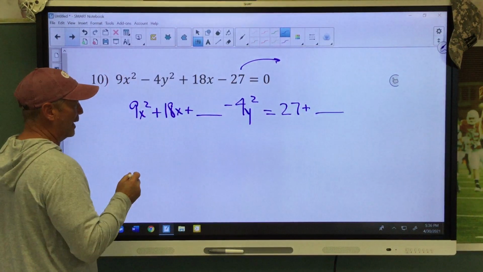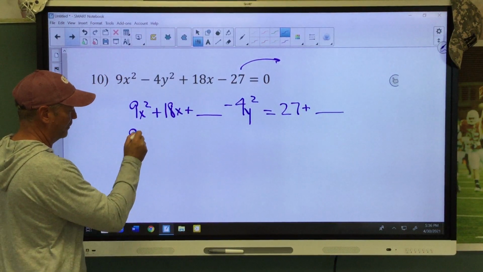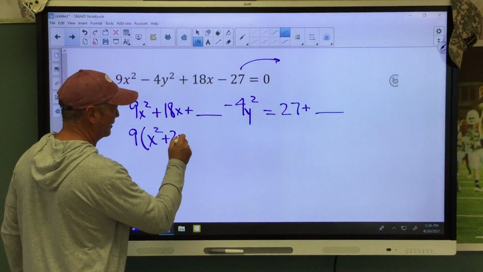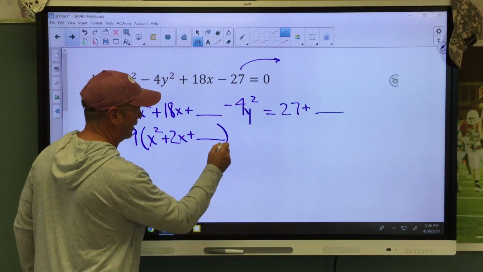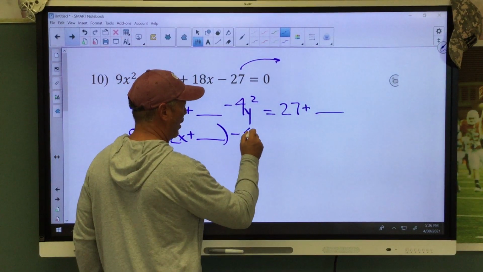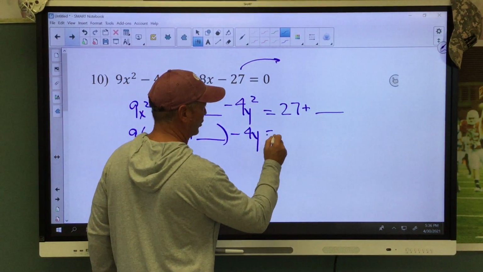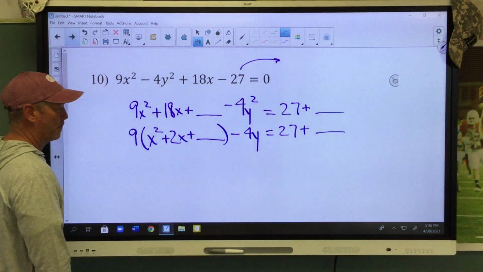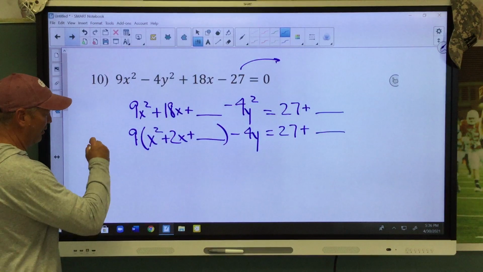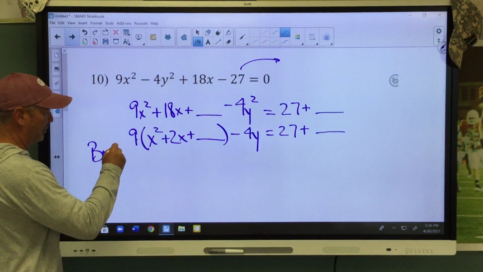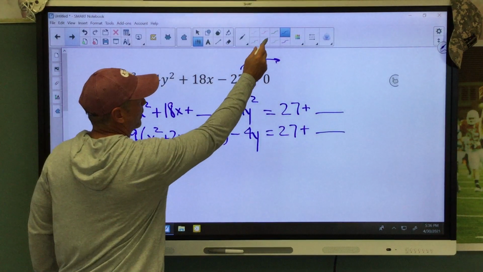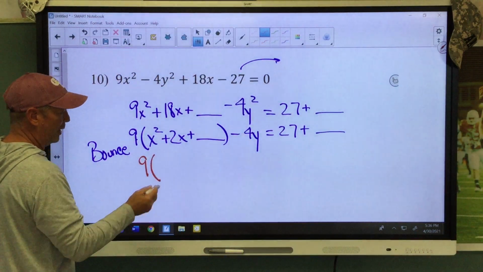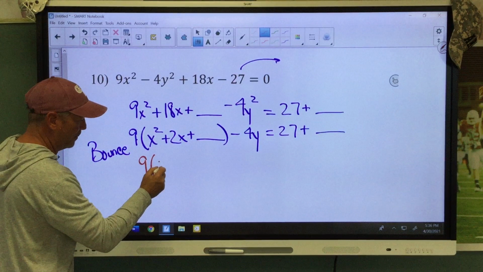We're going to factor away the 9. We're going to get x squared plus 2x plus blank minus 4y equals 27 plus blank. If you factor, you're going to bounce. Okay? So bring the 9 down. We're going to ask you to take half of 2.